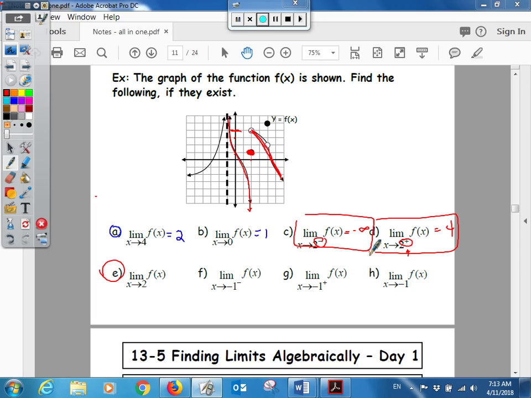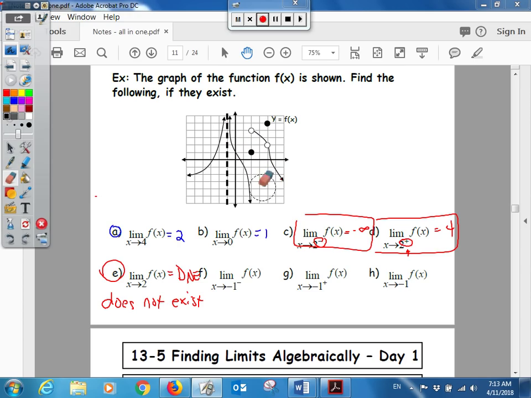Because the limit as I'm approaching 2 from the left is not the same as the limit from the right, this limit does not exist. We use the letters DNE as a shorthand for does not exist.